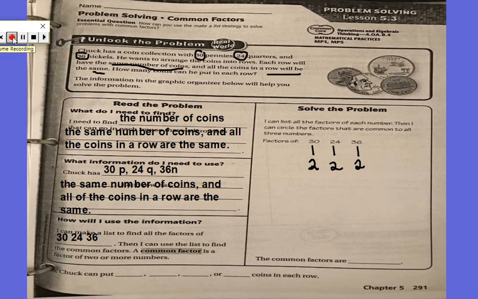The next number would be a 3. So 3 times 10 is 30, 3 times 8 is 24, and for 36, 3 times 12 is 36. So 3 would also be in common.